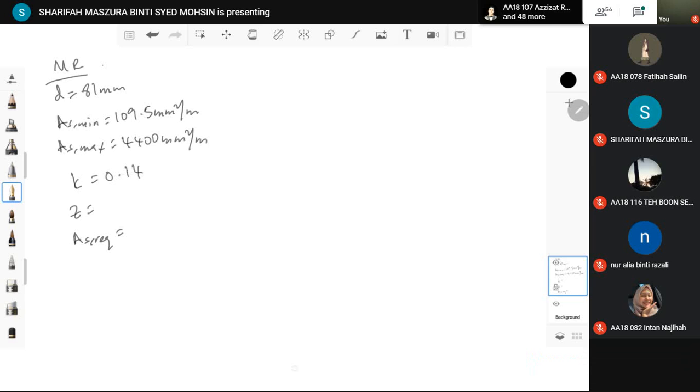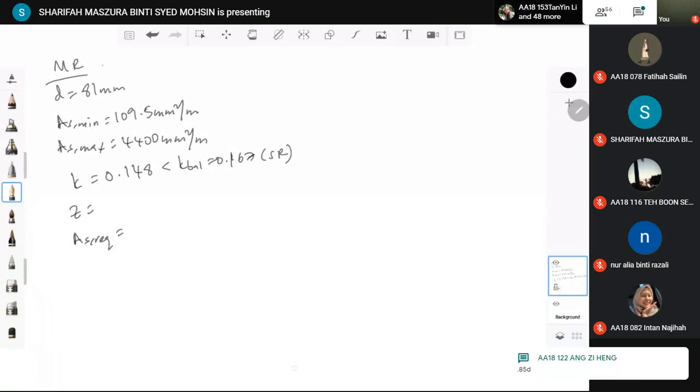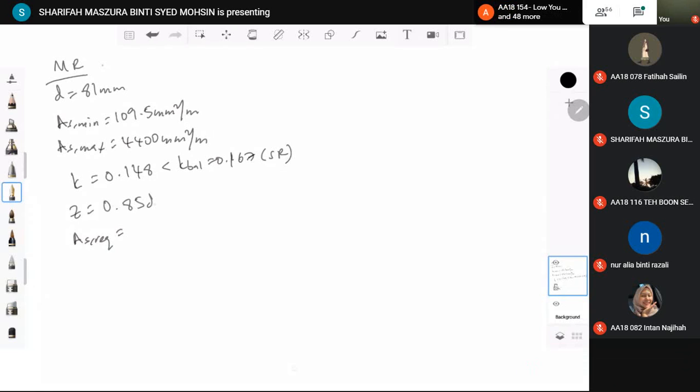0.148, which is lower than K balance. This reinforce. Z is 0.85D, which is lower than 0.95.